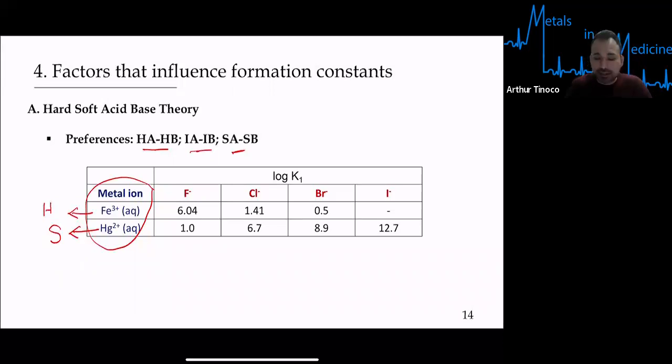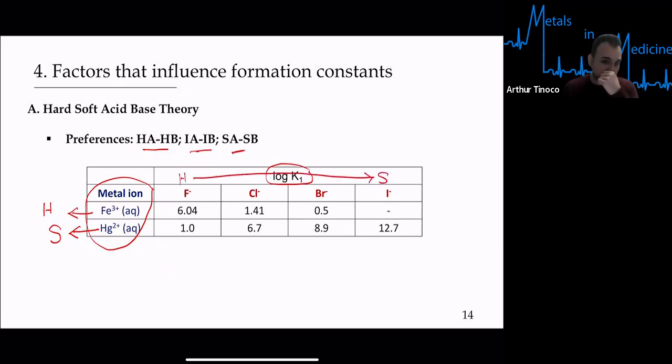And so what we're looking at is the log K1 of the interaction of those metals with those individual anions. If you recall, when you focus on the periodic table, where the highlights are, as you go from the top to the bottom along that column, you're going to go from hard to soft. So what we're seeing is that range of hard all the way to over here being soft.